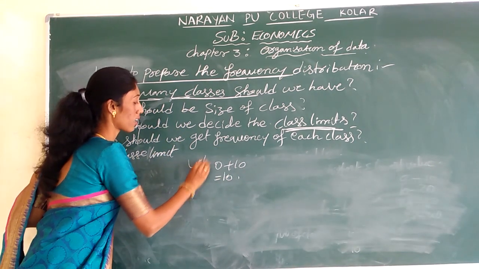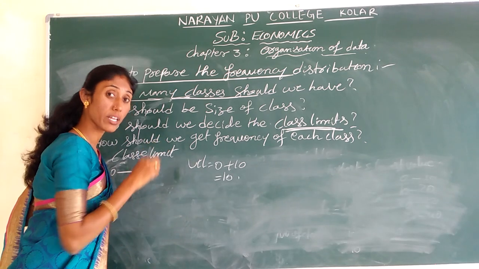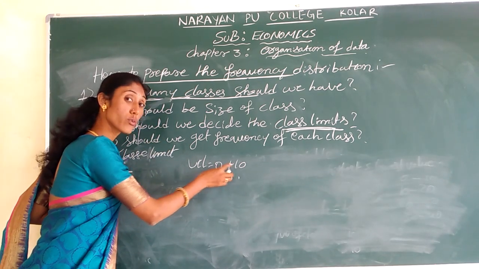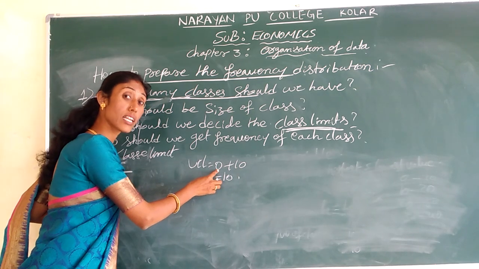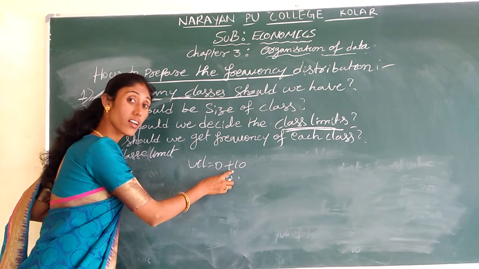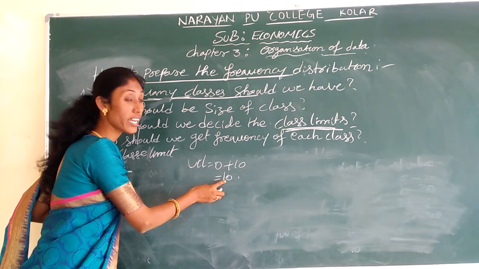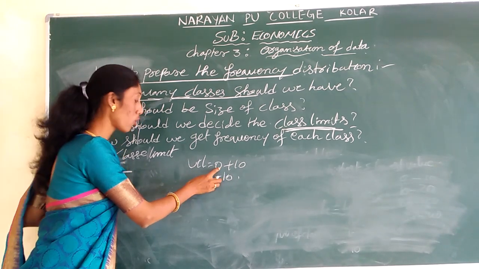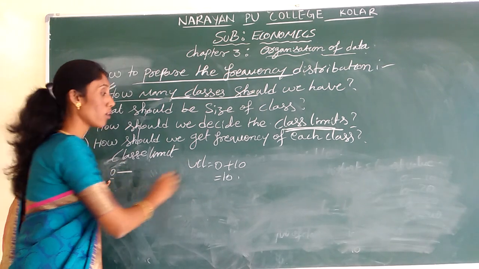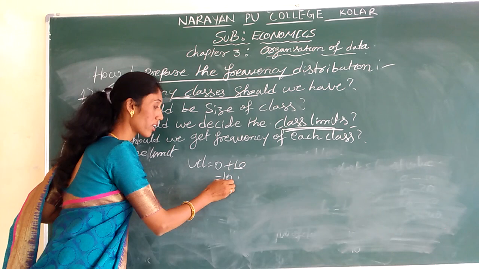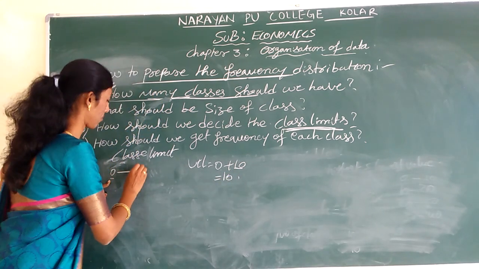We get the upper class limit by adding the class interval to the lower class limit. Here the lower class limit is 0, the class interval is 10, and 0 plus 10 gives 10.